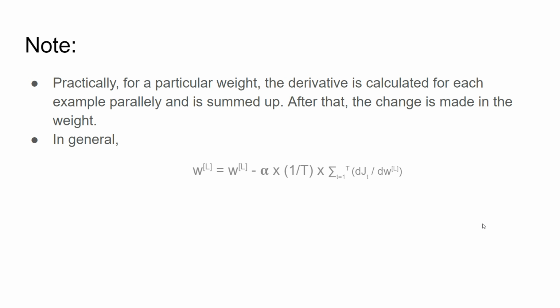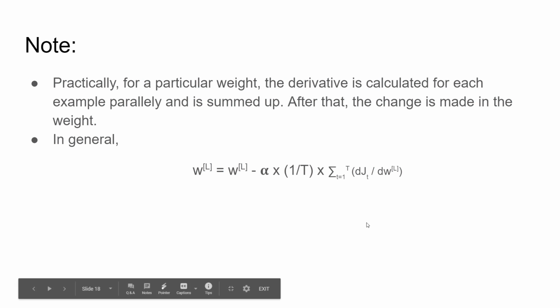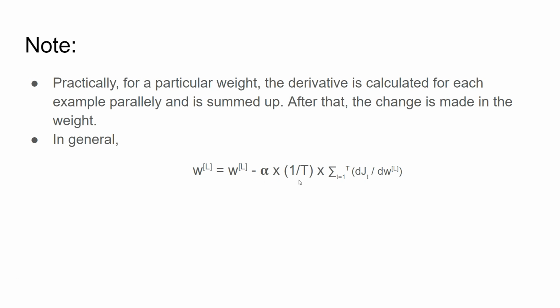In general, for the lth layer, the weight will be updated as follows: Wl equals Wl minus alpha into 1 by T, where T is the size of our training set, into the summation over t equals 1 to T of djt, that is the differentiation of j for example t with respect to Wl. Similarly for bl also. Thank you.